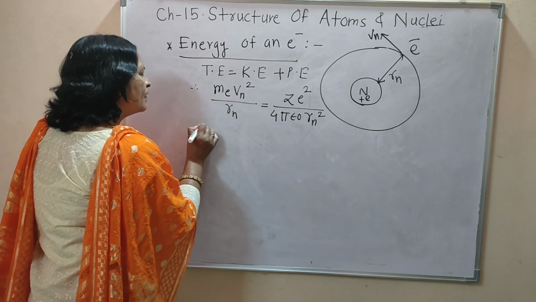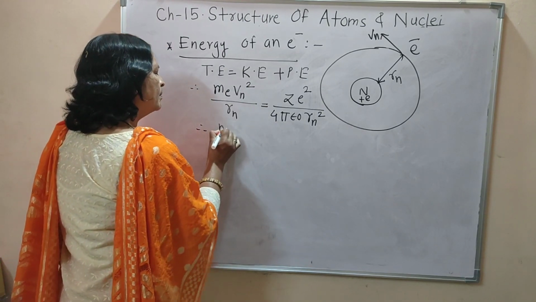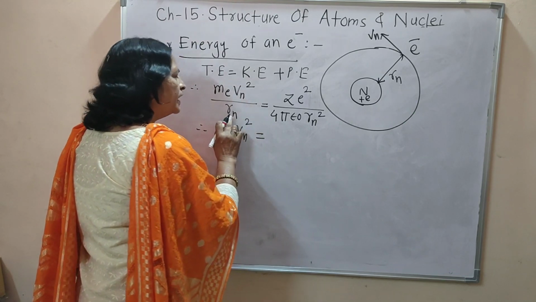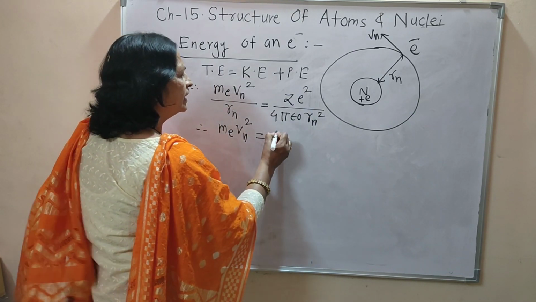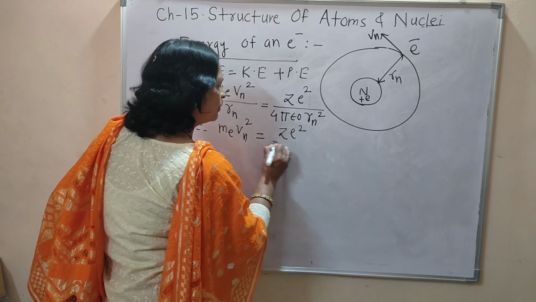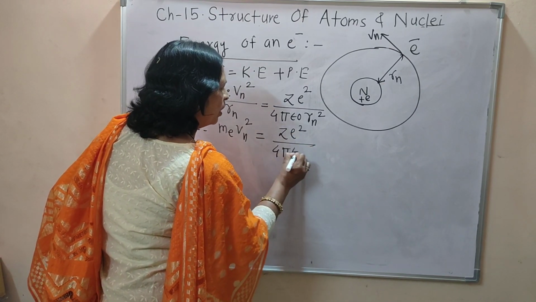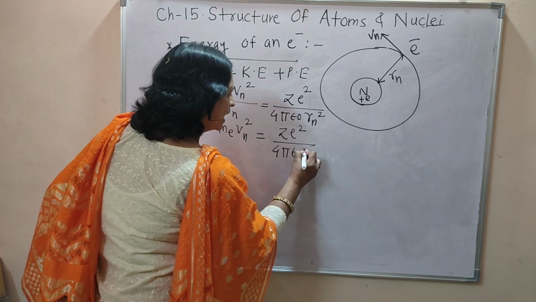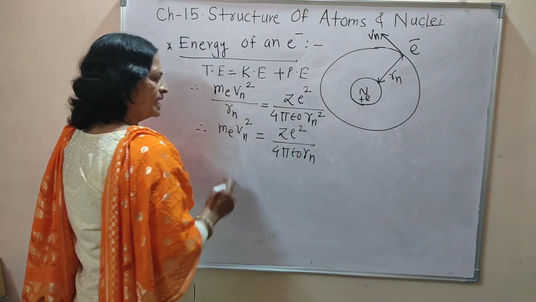Now from this equation we can write me Vn square equal to, if we transfer this Rn here, Ze square divided by 4 pi epsilon naught Rn square times Rn, where one Rn gets cancelled and Rn remains in the denominator.